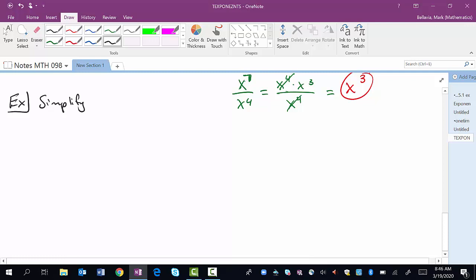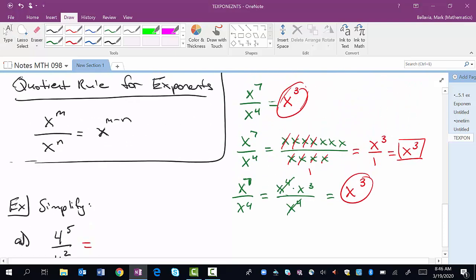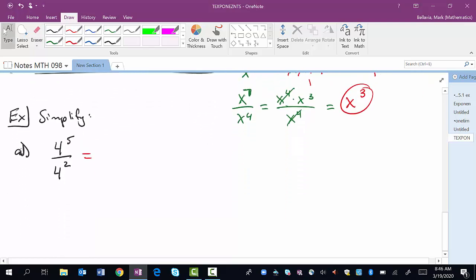So if I said to simplify, and that's typically what the directions will be, for this first one, 4 to the 5th power over 4 to the 2nd power. When you look at this, you should notice right away they have the same base, which allows you to use our rule from above. And when I go to divide things with the same base, remember the base stays the same.